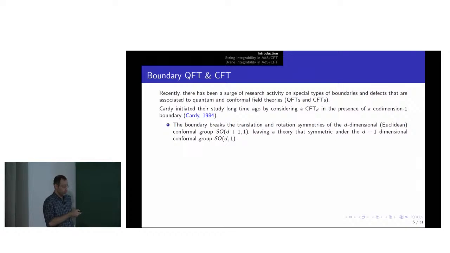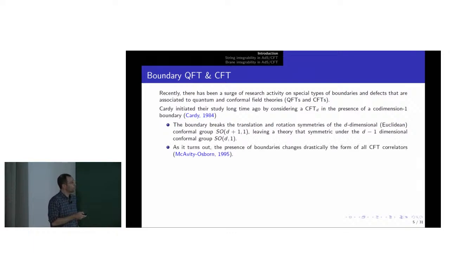the system with a boundary respects a subset of this Euclidean conformal group, namely the conformal group in one dimension less. And of course, as I anticipated, the presence of boundaries completely alters all that we know about and loved about CFT correlators.